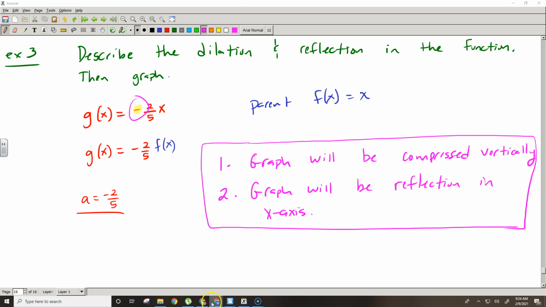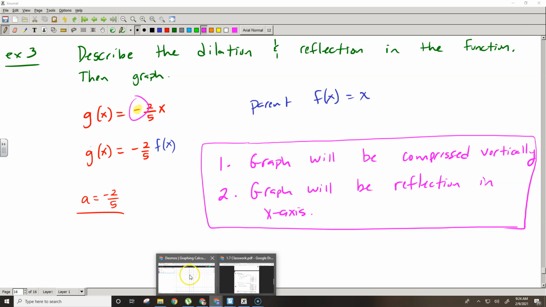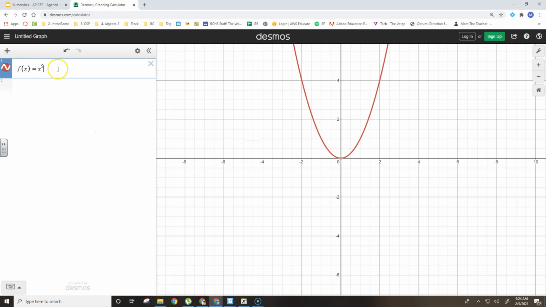So if we were to show that, and we won't actually sketch this graph out, we'll just show the result of it here, because there's a lot of easy ways you can think about this. You can also just think of it, hey, look, it's a line, and instead of a slope of 1, it's a slope of -2/5. That's how most of you would probably think about this. But we're trying to generalize the observations of these transformations that we're looking at.